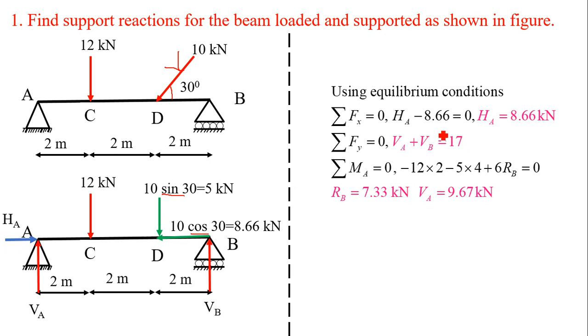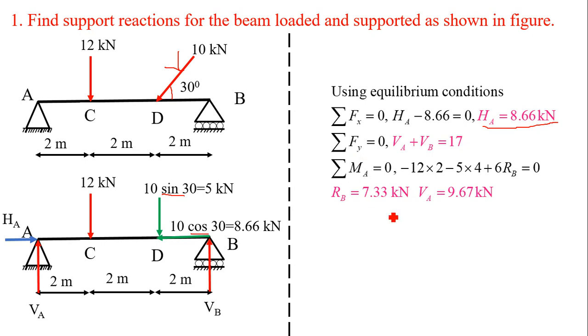So let's start using the equilibrium conditions. First, summation of Fx equals 0. Horizontal force HA is in the positive x direction, so positive HA. Then the second horizontal force 10 cos 30 is opposite to positive x, so minus 8.66. So HA is equal to 8.66 kilonewton. We get the first unknown reaction.